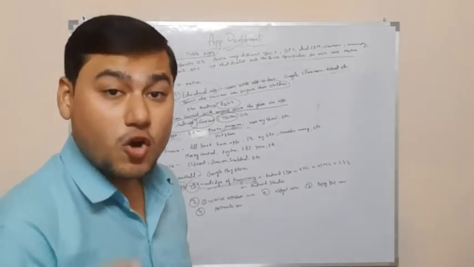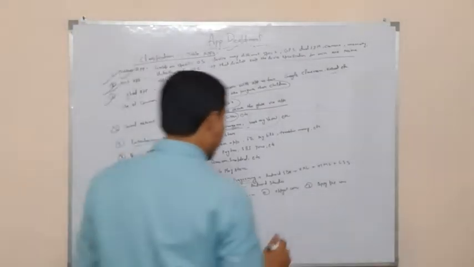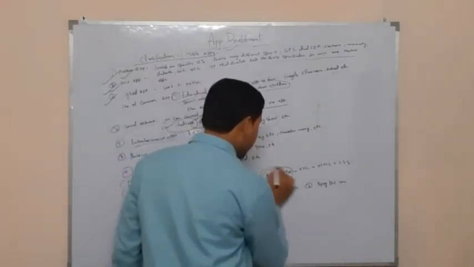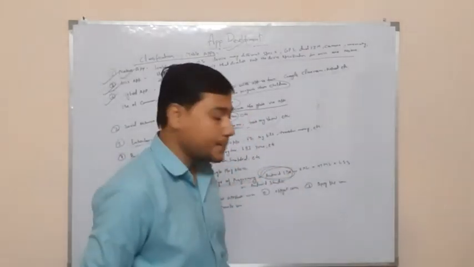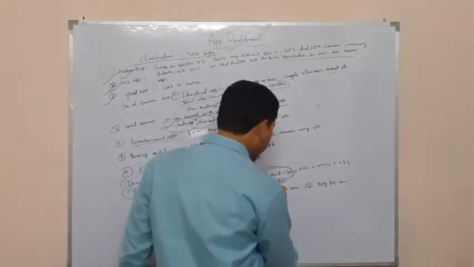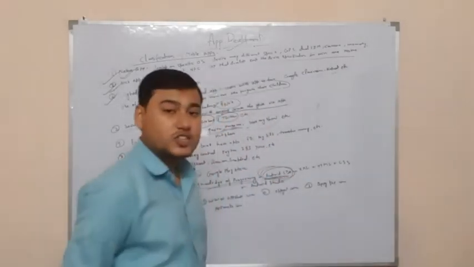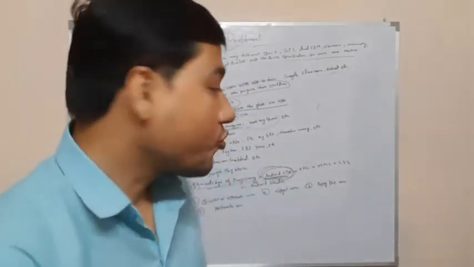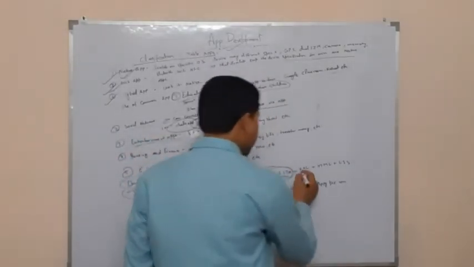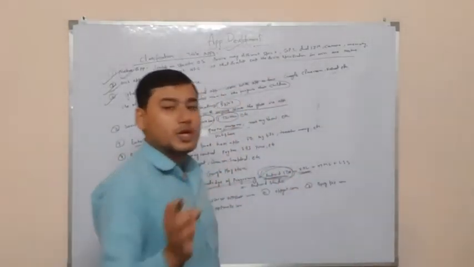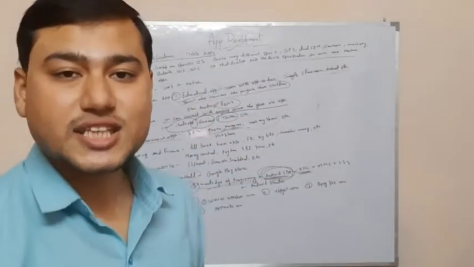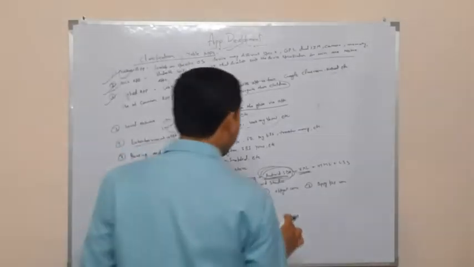What is the full form of SDK? SDK stands for Android Software Development Kit. And you have to use XML, whose full form is Extensible Markup Language.